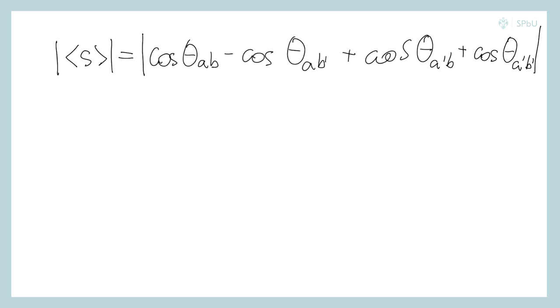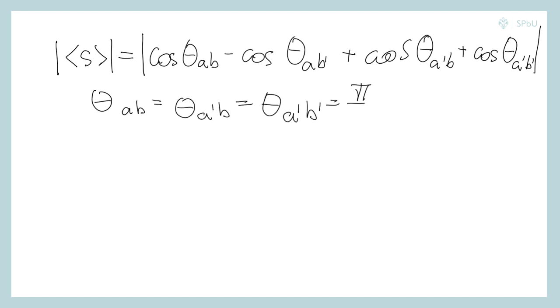So now, suppose we have theta AB equal to theta A prime B equal to theta A prime B prime and equal to pi over 4. And theta AB prime is equal to 3 pi over 4. Then this can be easily evaluated.